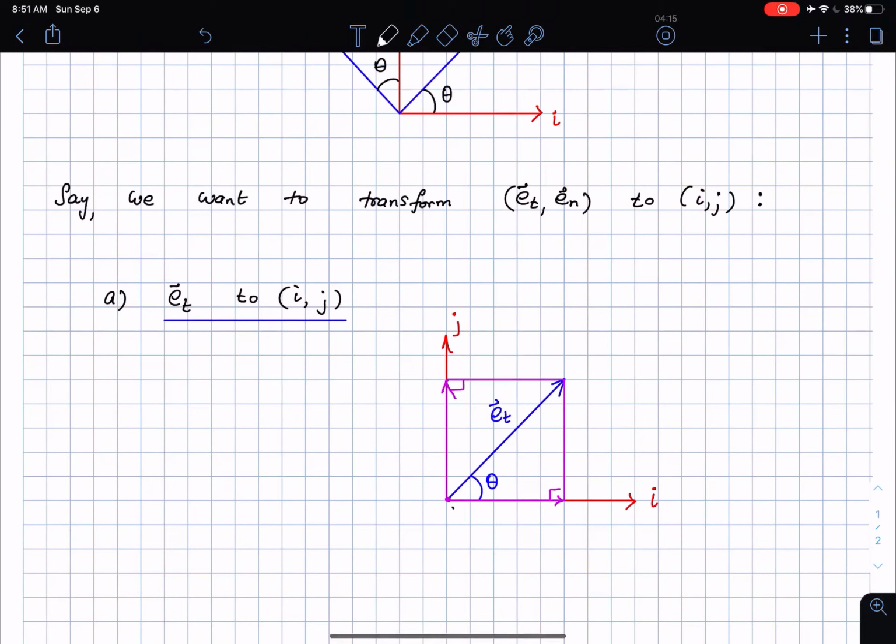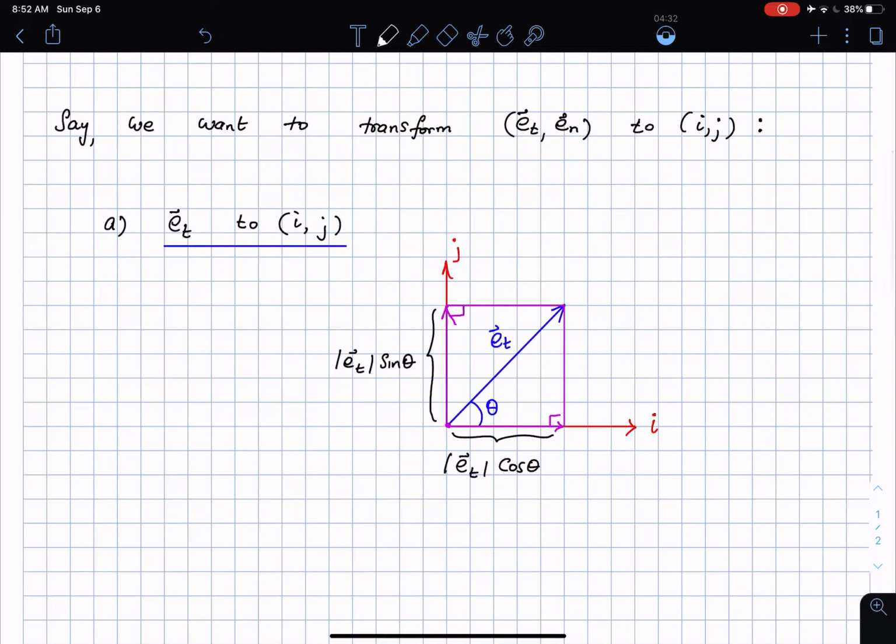What is the magnitude of this component? That is going to be the magnitude of et times cosine theta. What is the magnitude of that component? That's going to be the magnitude of et times sine theta.